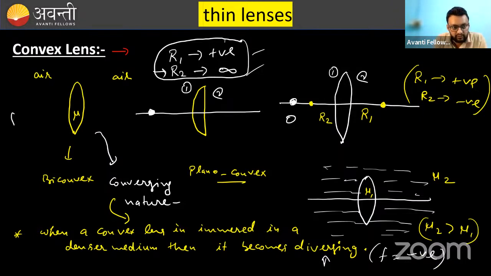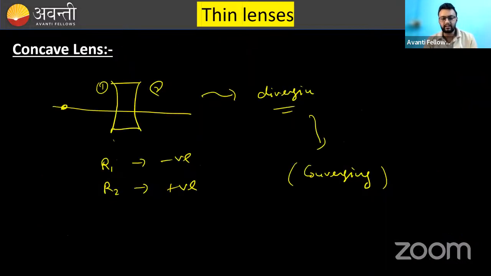But in this condition, its focal length is positive. Are you able to connect these things? In this situation, it is behaving as converging, so focal length is positive. In this situation, it is behaving as diverging, so its focal length is negative.